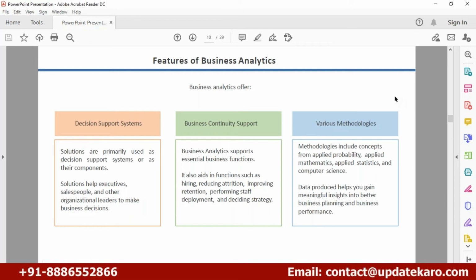So in decision support systems, if you see, solutions are primarily used as decision support systems or as their components. Solutions help executives, salespersons, and other organizational leaders to make business decisions.